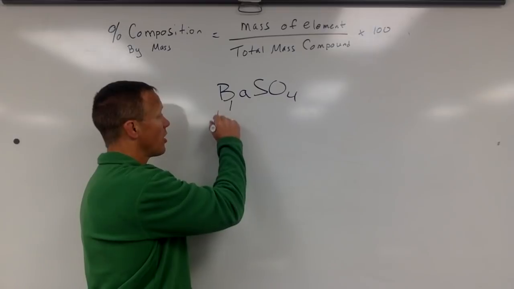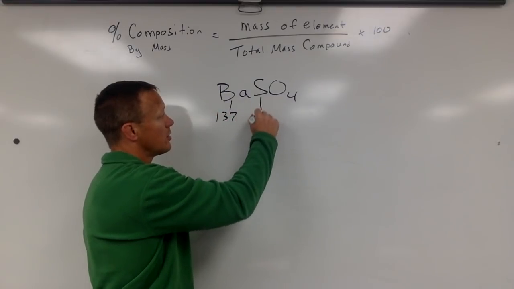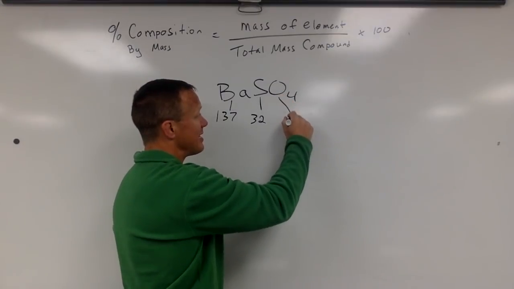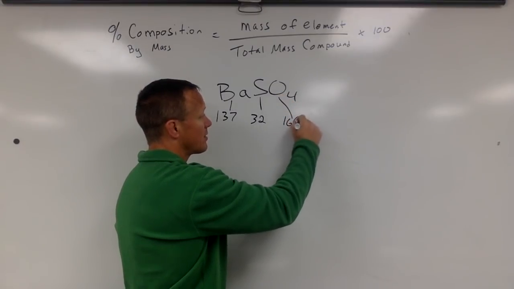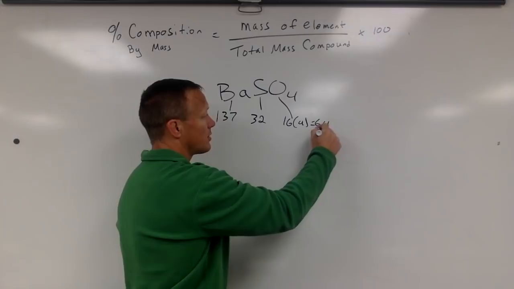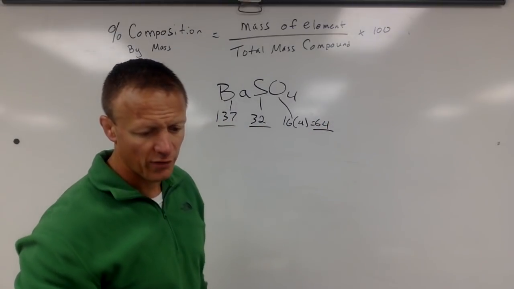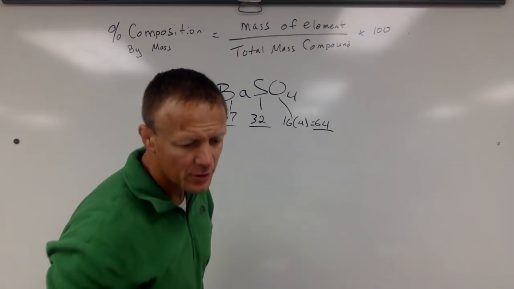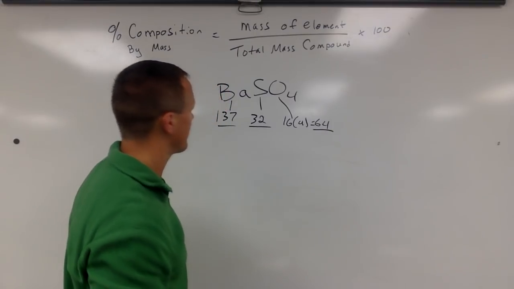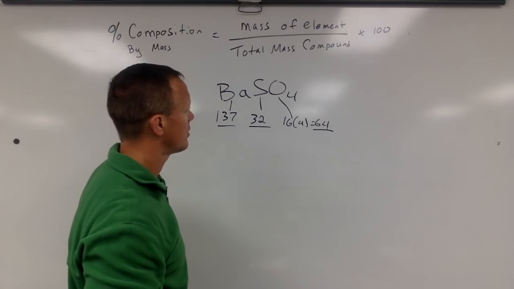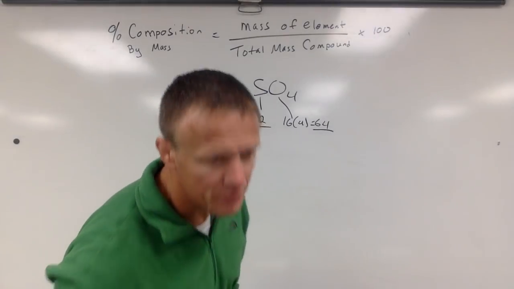So a mole of barium is 137 grams, sulfur is 32, oxygen is 16 times 4 is 64. So 64, 32, and 137. That is a total of, cheating here, 237, I believe. Sorry, 233.